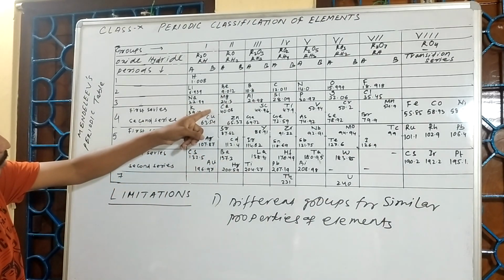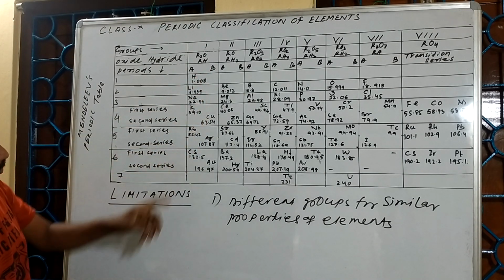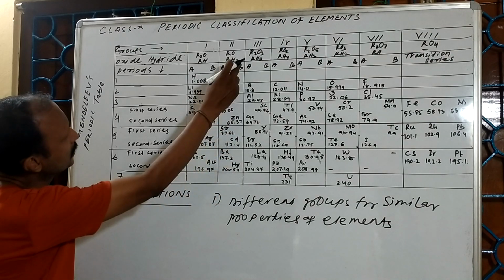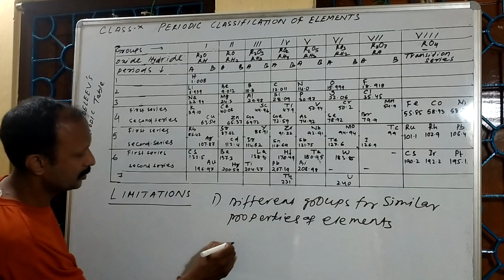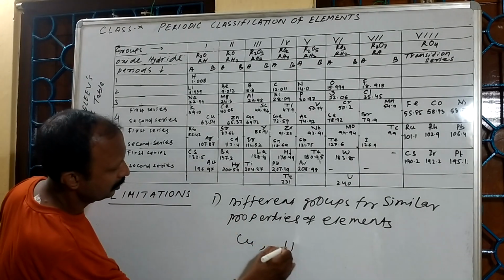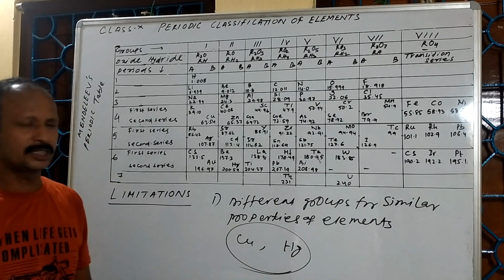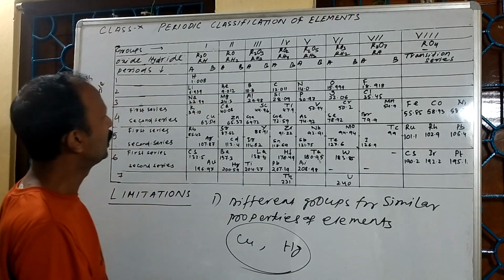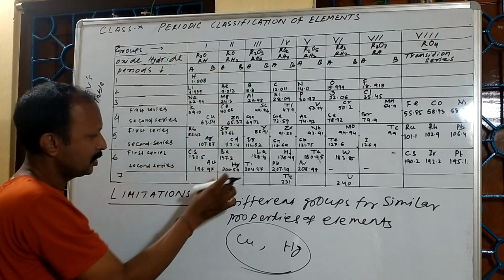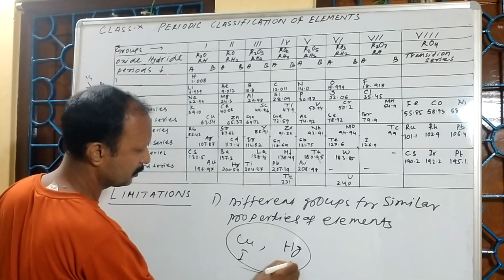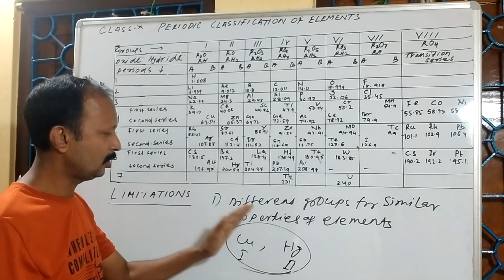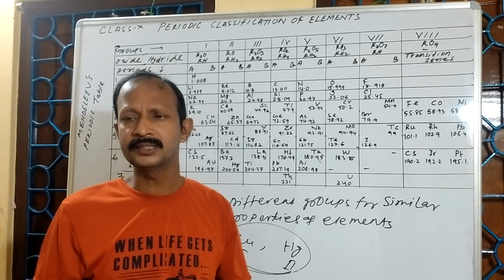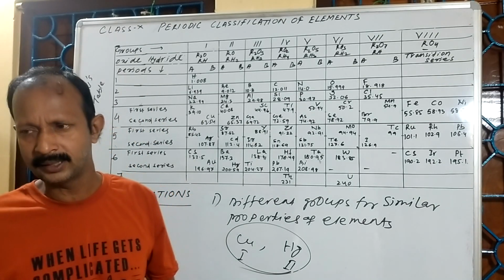Copper is present in the first B, whereas mercury is present in the second B. Though they have similar properties, they have been placed in different groups. One belongs to the first group, one to the second group. So I have mentioned different groups for similar properties of elements. This is also one of the drawbacks.